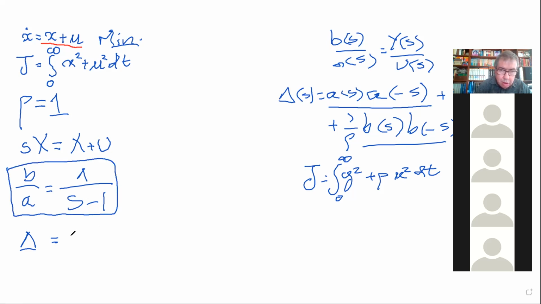So S minus 1, times minus S minus 1. Okay, so replace A of S and A of minus S. So replace simply S by minus S. Then B of S is 1, and B of minus S is 1.